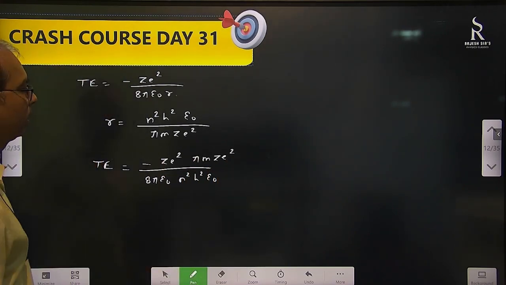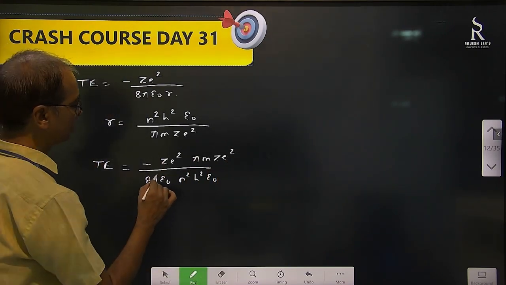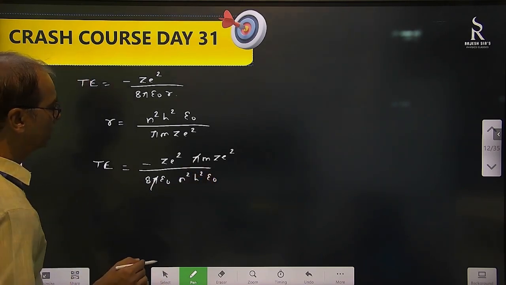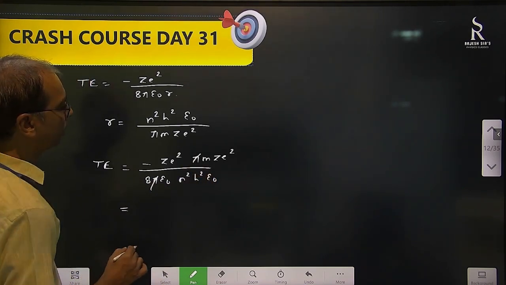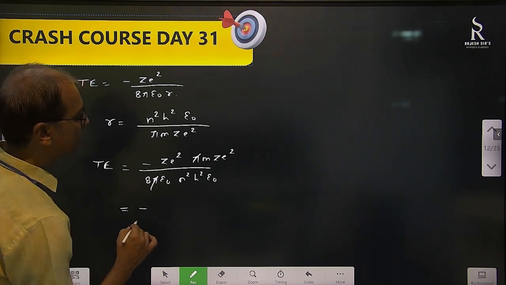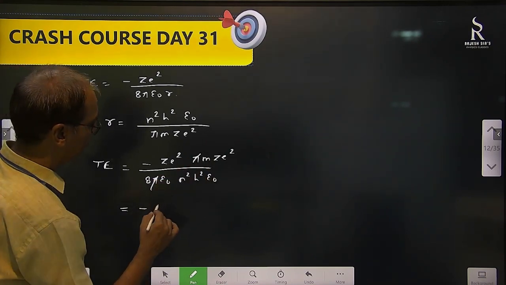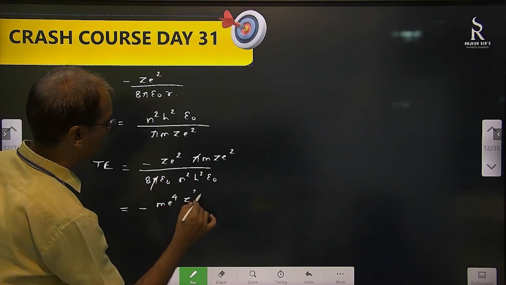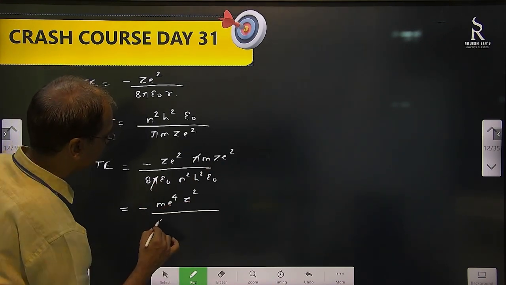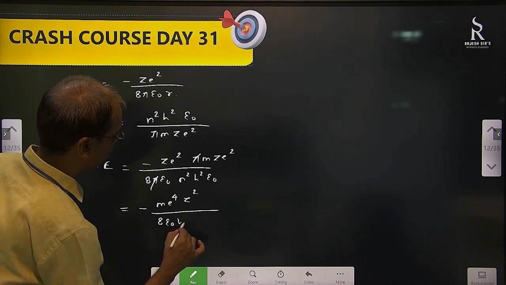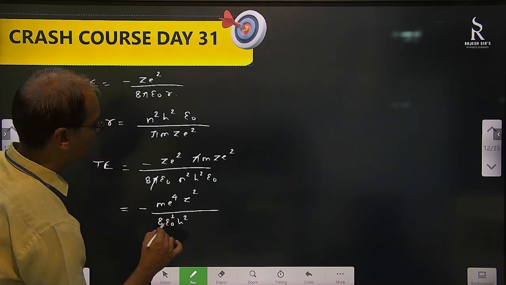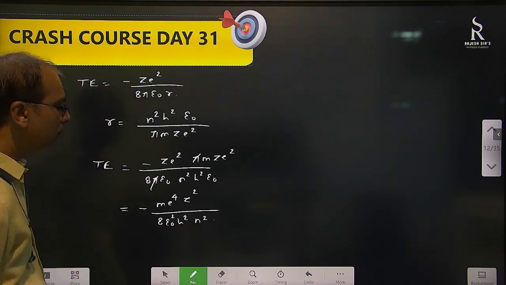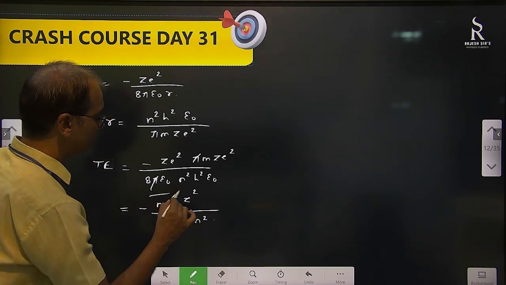Anything we can cancel, we will cancel. So this pi and pi get cancelled here. So what we have is minus m e to the power 4 Z square by 8 epsilon naught square h square n square.